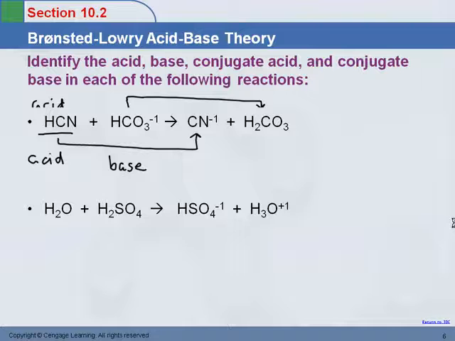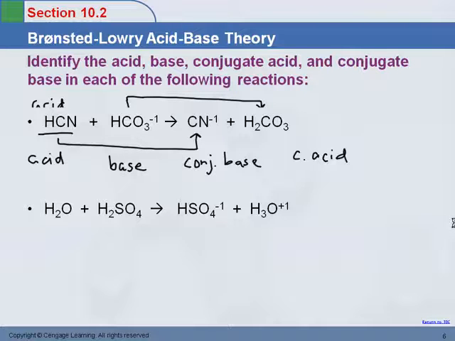It is gaining a hydrogen, so therefore it is my conjugate base. It is the acceptor. And H2CO3 is becoming HCO3-1. Notice the change in charge because you're losing a positive from something that's neutral. And so therefore H2CO3 is my conjugate acid.